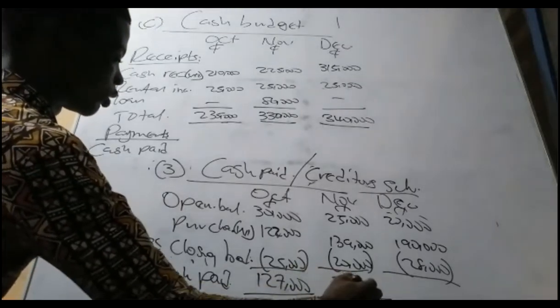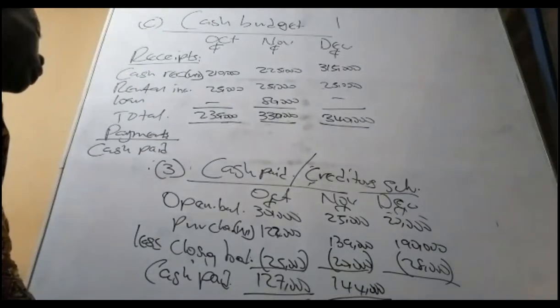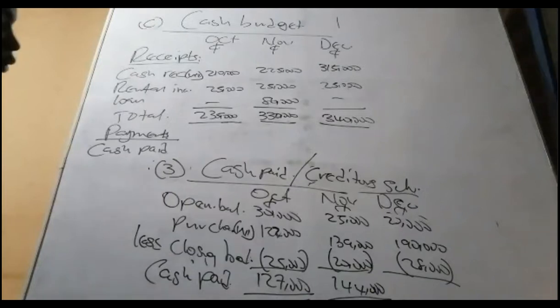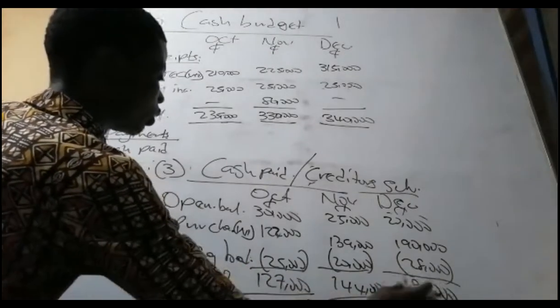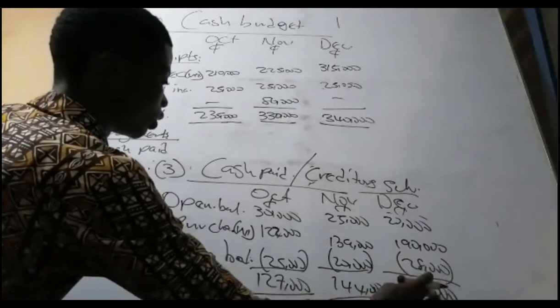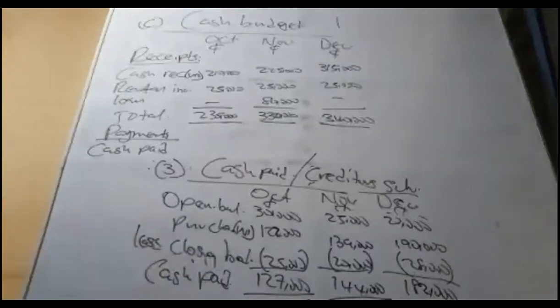Wow. These figures, you've seen them before. What a coincidence. All the figures, you've seen them before. You take it off, you get negative 8,000. You take it off 182, right? Good. Who can tell me these figures? You've seen them before. It's come from somewhere. 127, 144.